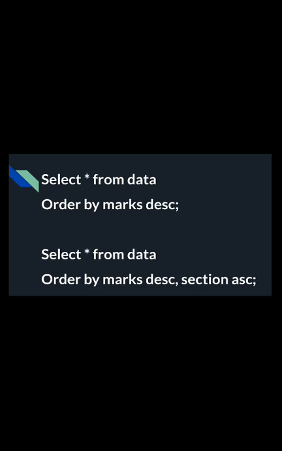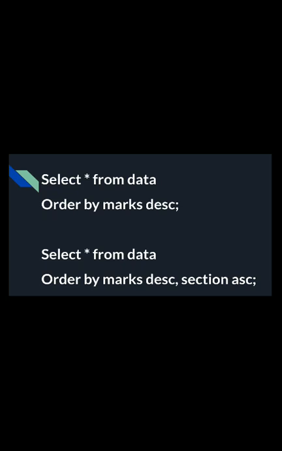Now if we want to see the marks in descending order according to the sections, with sections in ascending order but marks in descending, like all the students of section A, the topmost students' marks displayed first, then the next one, and so on.